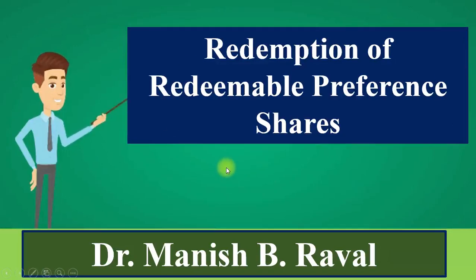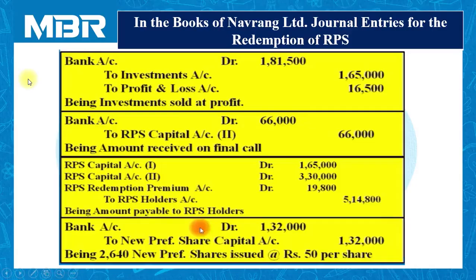So let us start our session with the revision of the journal entries that we have prepared in the last lecture. First, bank account debited 1,81,500, to investments account 1,65,000, to profit and loss account 16,500.